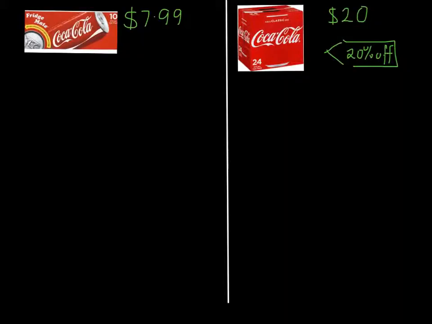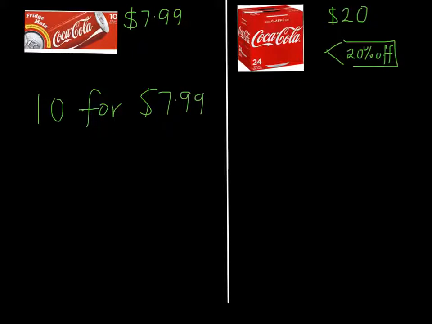The final example we'll work out per unit, so just per one item. You can see we've got a 10 pack and a 24 pack of Coke. You could work out per mils, but in this case both can sizes are 375 mils. The calculations would be easier per can. So in this case, 10 cans for $7.99.